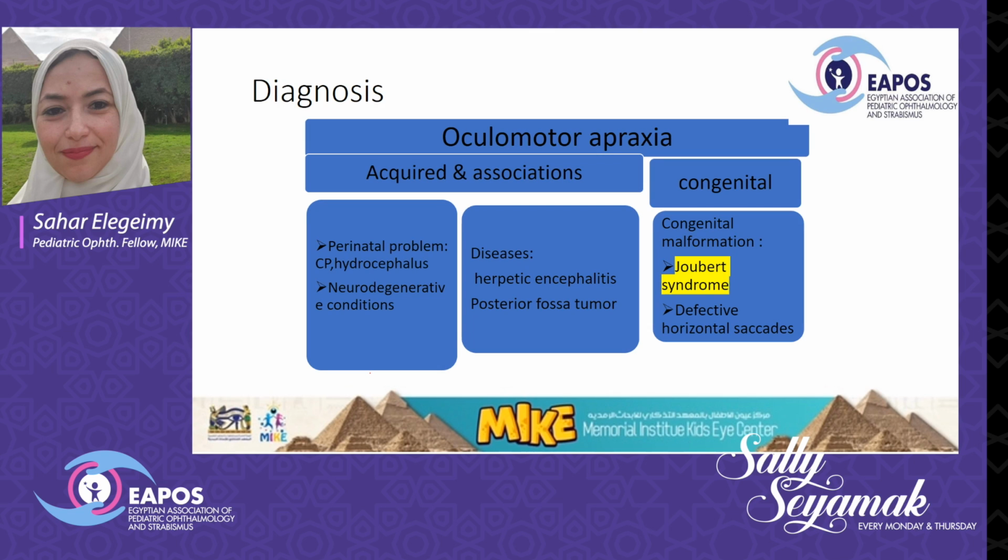So we diagnose this case as oculomotor apraxia, which could be congenital due to congenital malformation such as Joubert syndrome, which is characterized by defective horizontal saccades, or acquired as a perinatal problem such as CP or hydrocephalus, or neurodegenerative conditions. It could also be associated with other diseases like herpetic encephalitis and posterior fossa tumor. So with these findings and the characteristic MRI finding, we diagnose the case as Joubert syndrome.